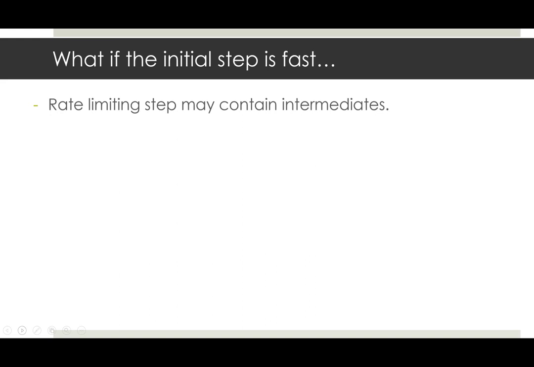Our experimental data rate law and our predicted rate law have to match, and if it has an intermediate in it, it's never going to match, right? So our rate law can't have intermediates in it. We have to take care of that first.